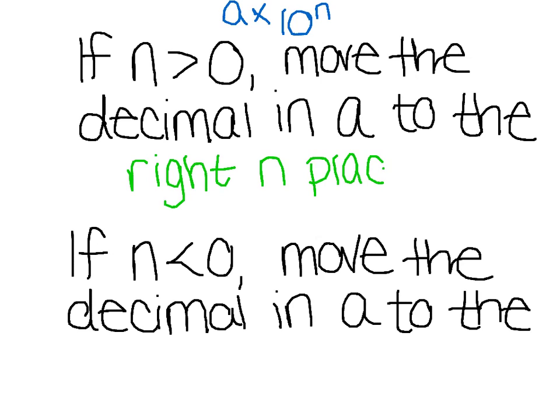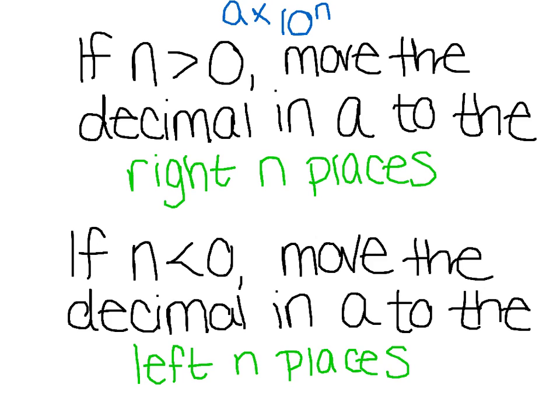So whatever the exponent is, if it's positive, we're going to move it to the right however many places it is. If n is less than 0, we're going to move the decimal in a to the left n places. This is going to make for a small number. The exponent is negative. It's not turning it into a negative number. It's just making it much smaller.